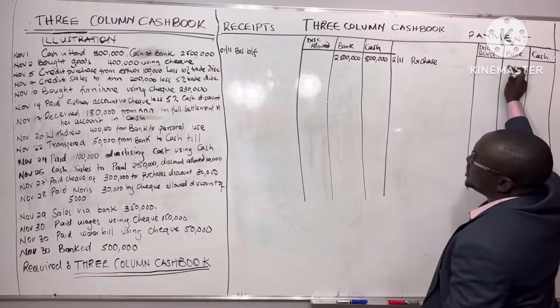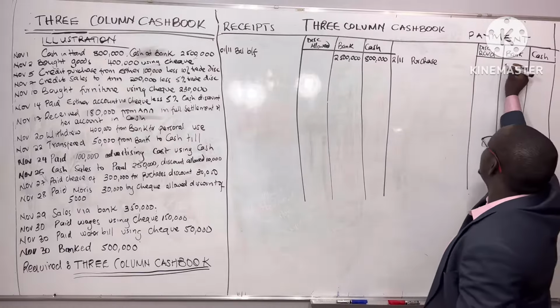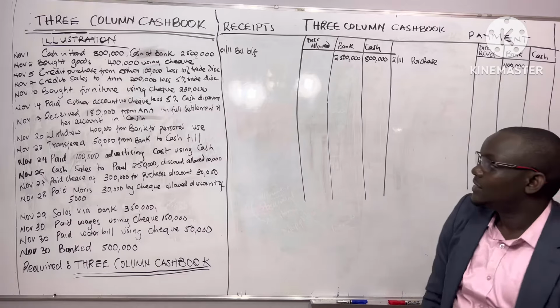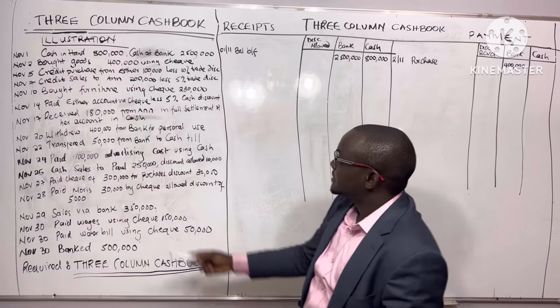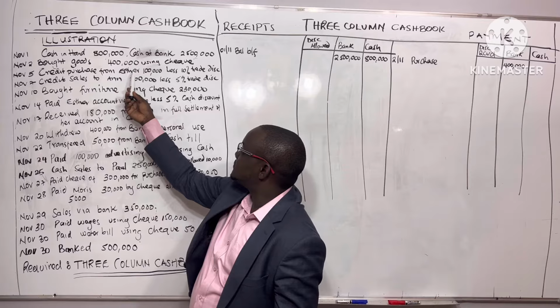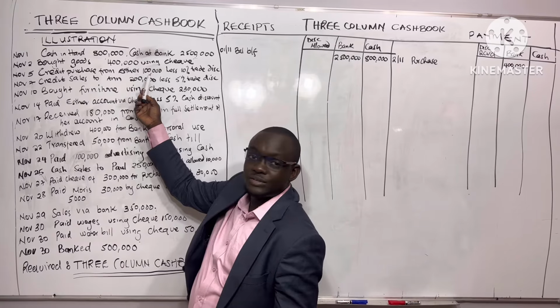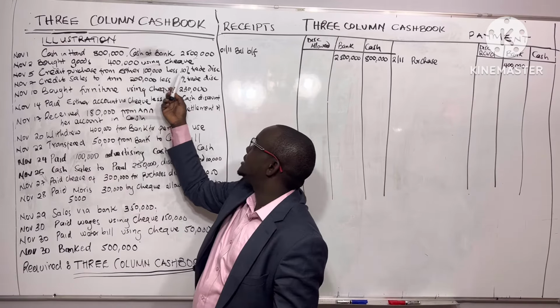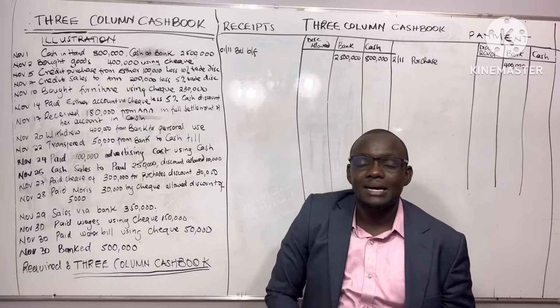We are using a check, so we write on this side 400,000. Okay, the next one: credit purchase from Esther 100,000 less 10% trade discount.